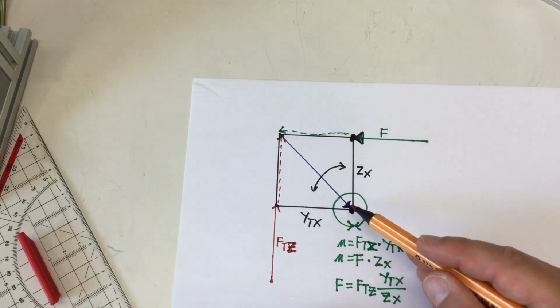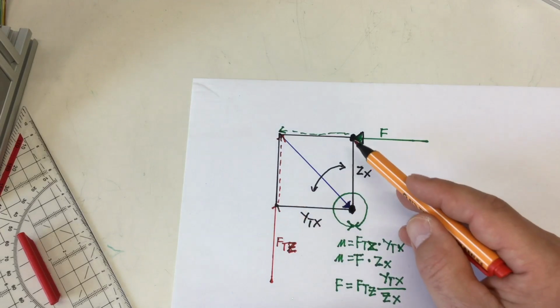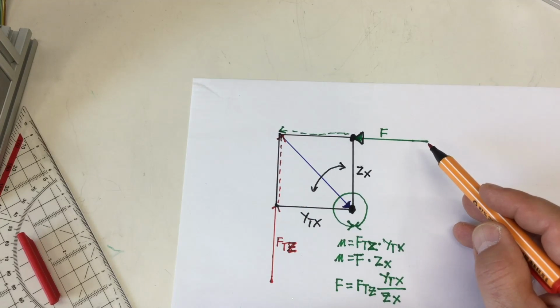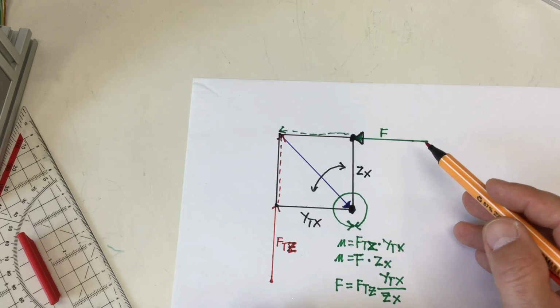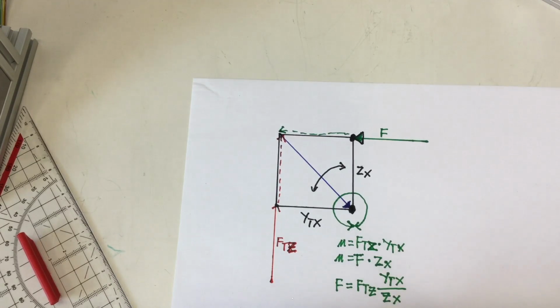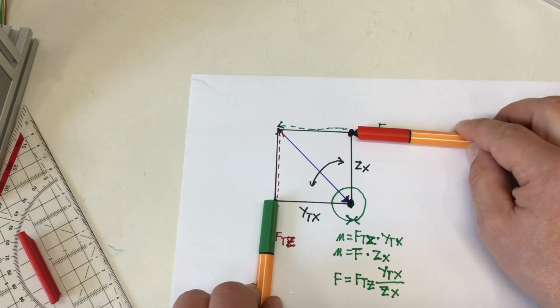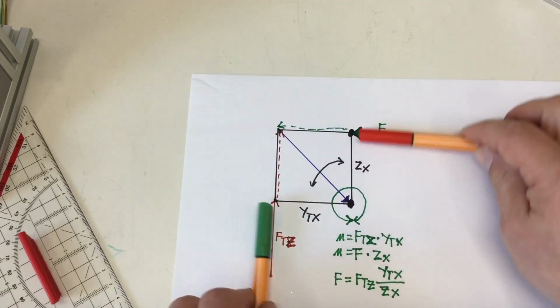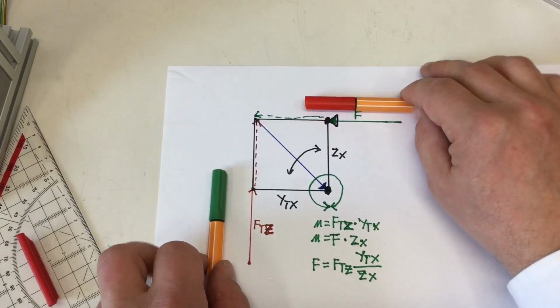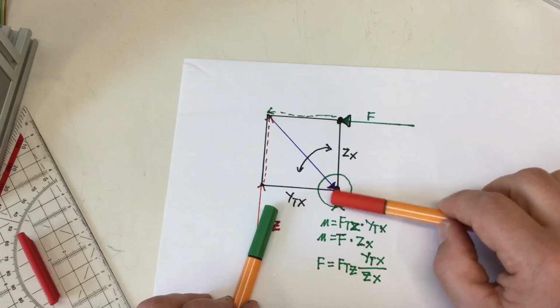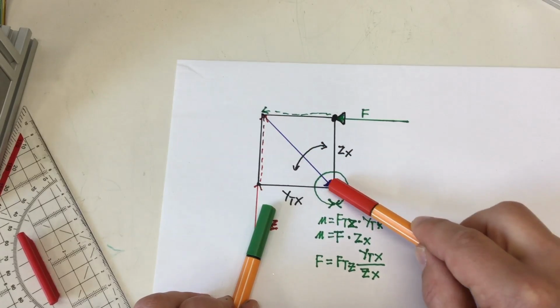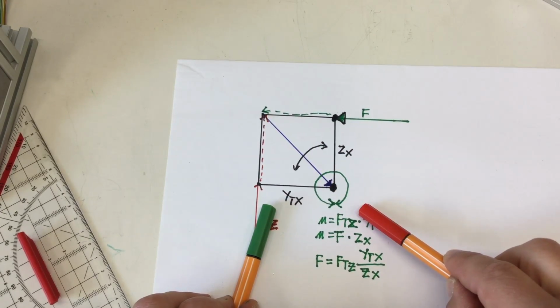So this force here neutralizes these forces. And it's easy to see why. If we are pressing here and we are pressing here, we basically try to move our whole frame away. So this bearing has to pull the frame in the same direction.